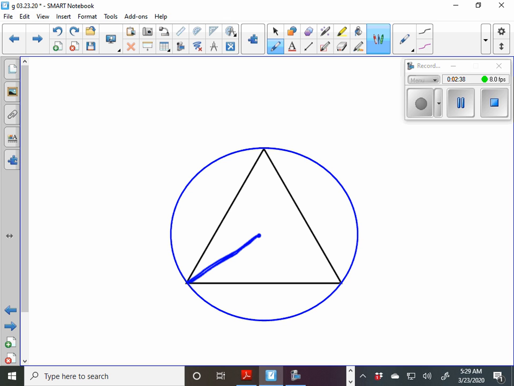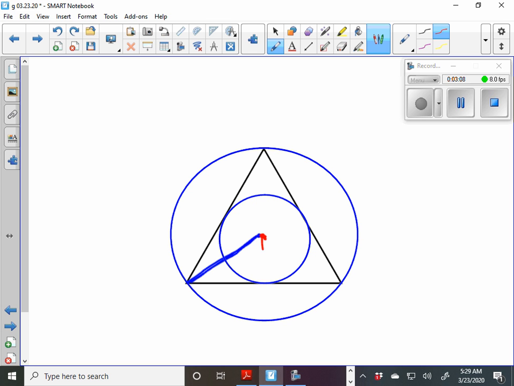The next one, what happens if we were to inscribe this triangle? Again, let's see if I can make a circle. There we go. Now that's inscribed. Now I've got another center, theoretically.